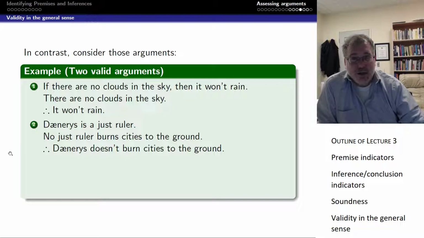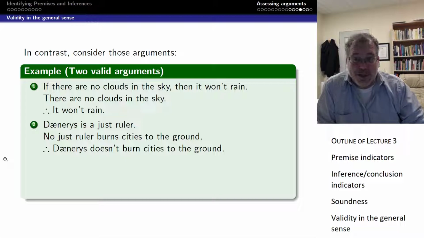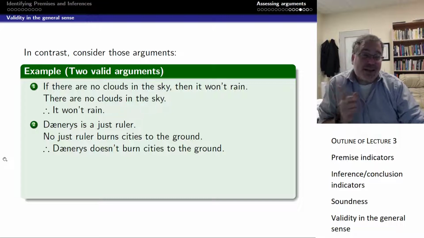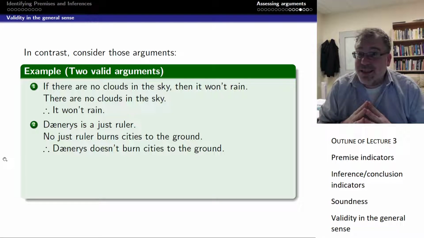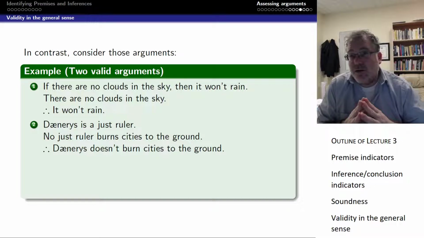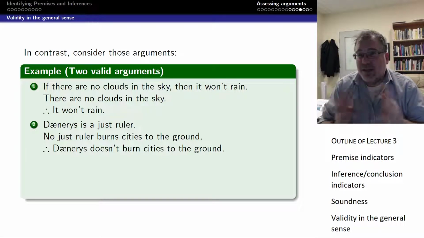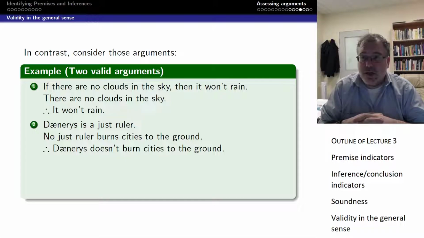If you've watched or read Game of Thrones, you will know which one it is. But it doesn't matter to assessing validity, right? Because you don't need to have read Game of Thrones or watched the series to decide whether this argument is valid or not.